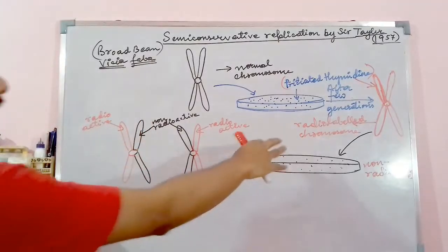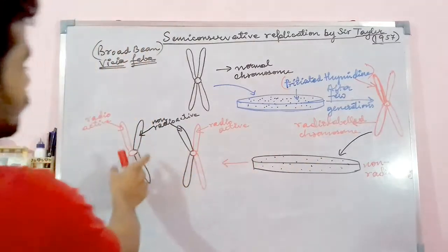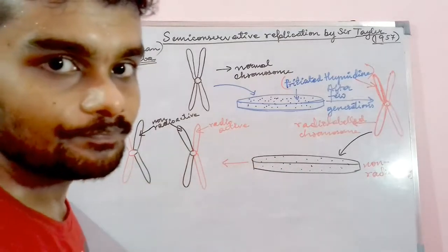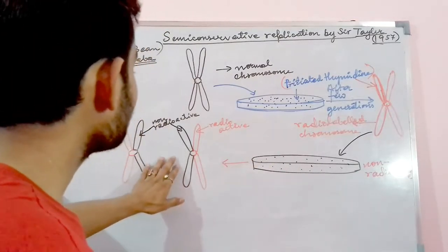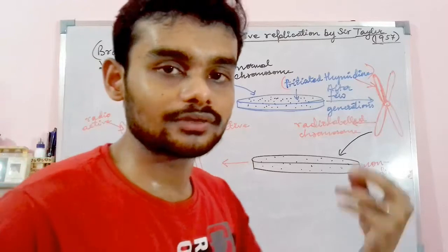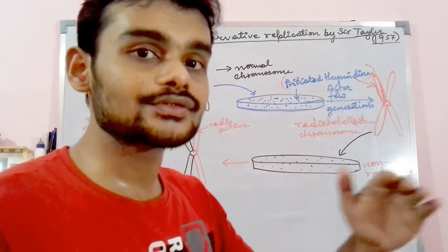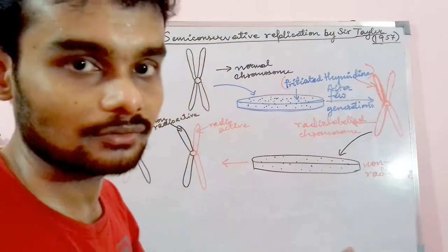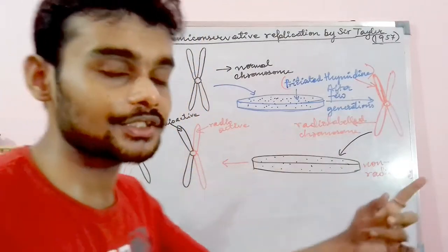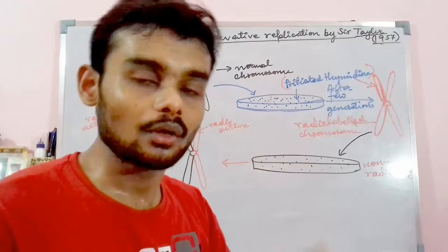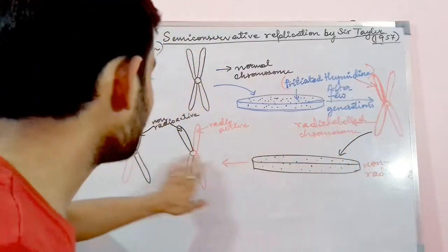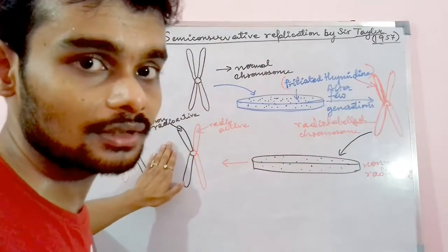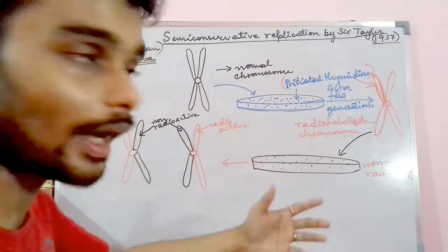So he found that when he isolated the chromosomes from this culture medium, the radioactivity of the chromosomes was reduced to half in the first generation. After the first generation, meaning one cycle of division of the chromosome, the radioactivity of the chromosomes was reduced to half. Why?